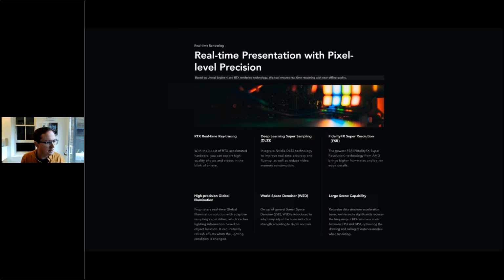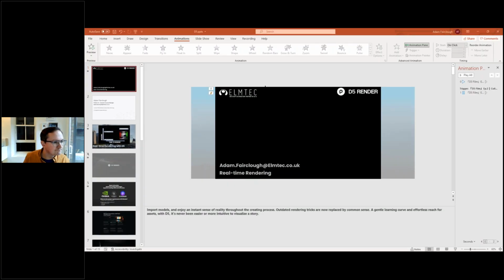Let me just bring up this window. Hopefully we can see that there. It is pausing screen sharing. Right, let me do that. Why is it pausing my screen sharing? Sorry about this.